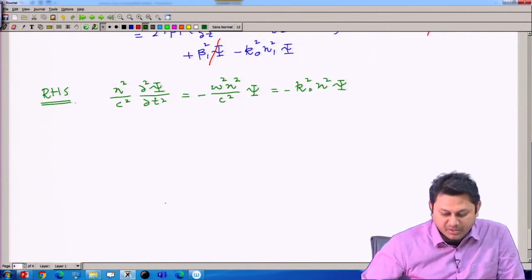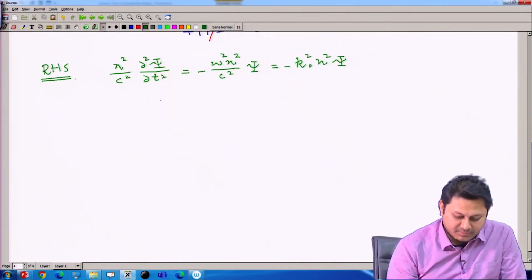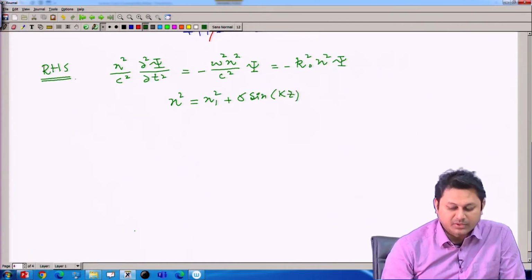Now, we should remember what was the n square we derived for the grating. So, let me write it once again. N square was n 1 square plus sigma sine of k z, that was the n square we derived earlier.